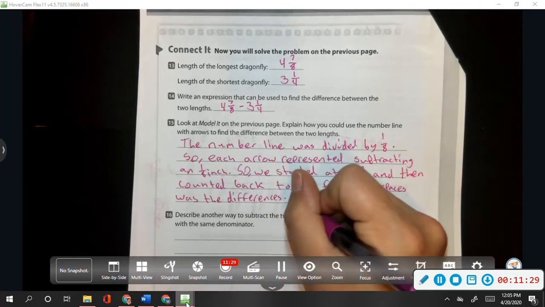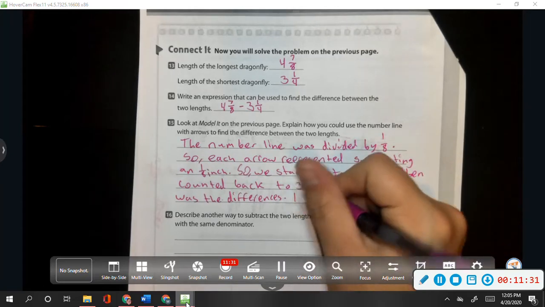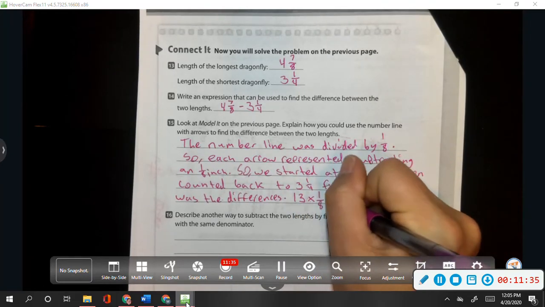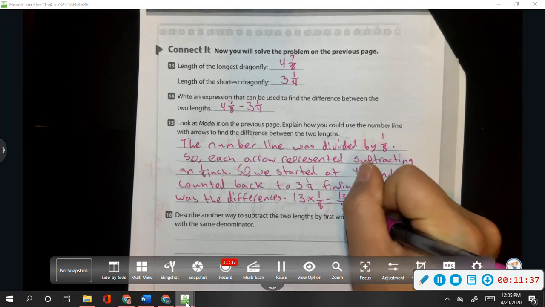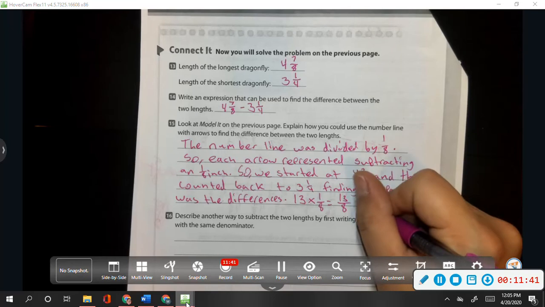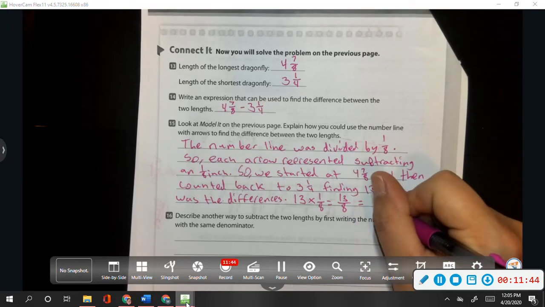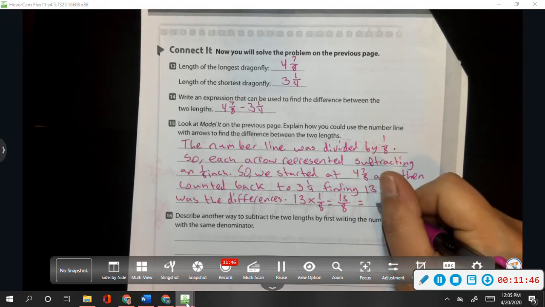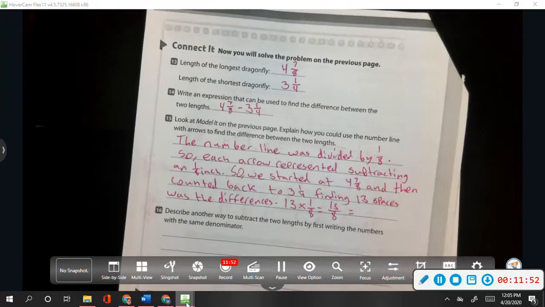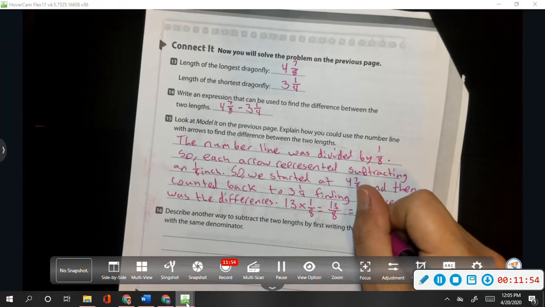Then we multiplied, and we'll just write this out because I'm running out of room. Then we did 13 times 1/8, and we got 13 eighths. And then we changed that into a mixed number, which was, I can't remember. That's right, 1 5/8.